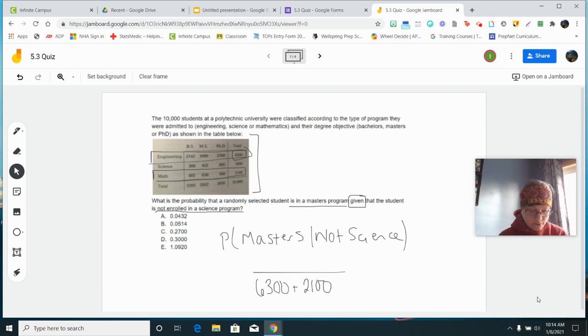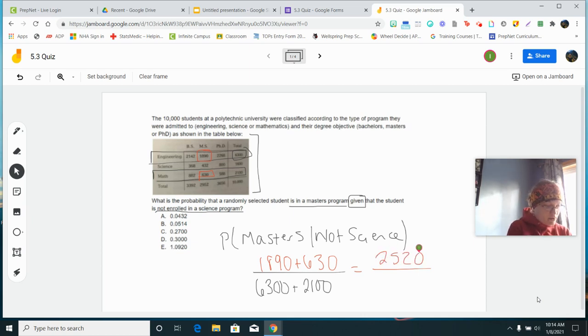And then out of those, we want to see how many have a master's. So we've got 1,890 there, and we've got 630 there. So we want to add those up, and then you just want to add those together and divide. So 1,890 plus 630 is going to give me 2,520.